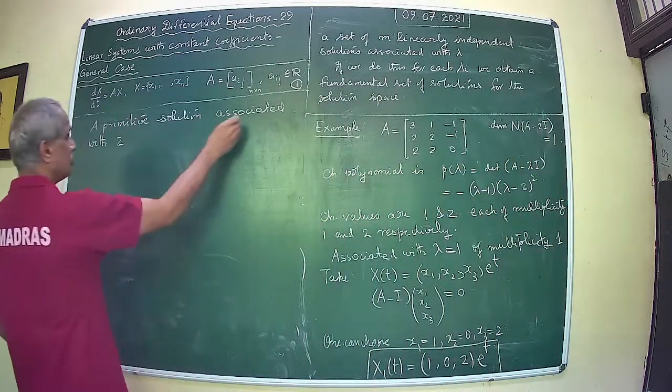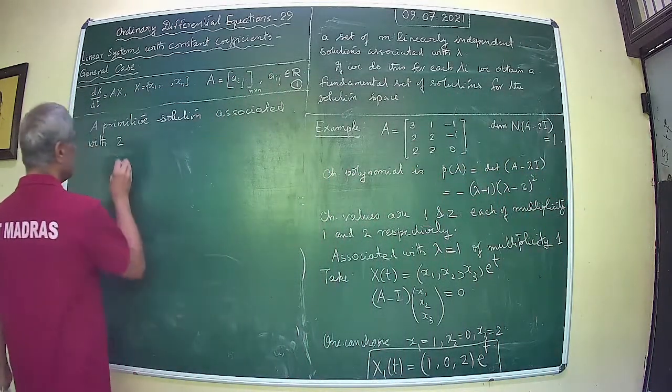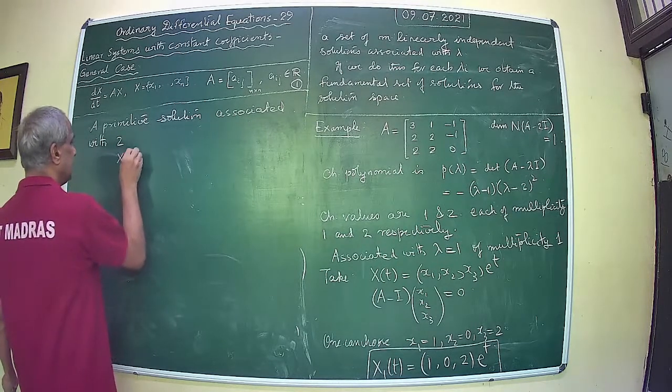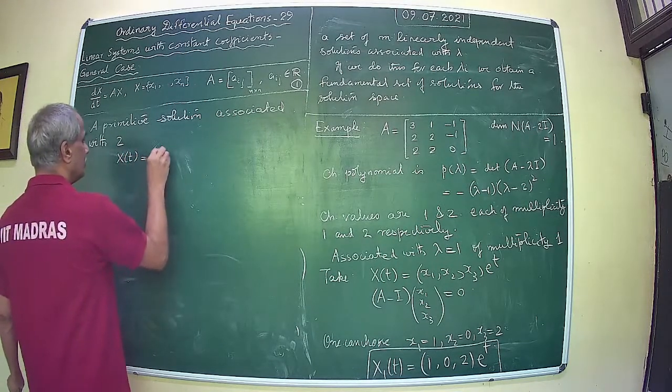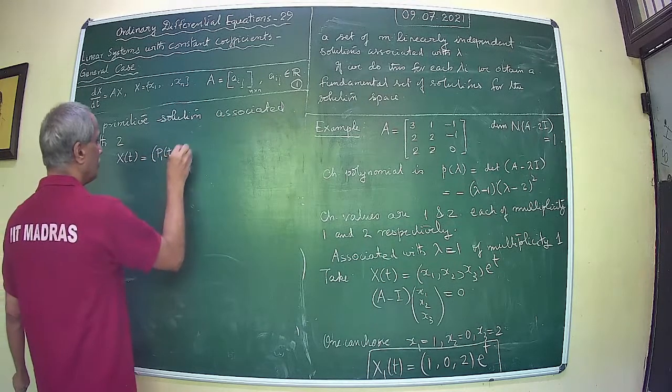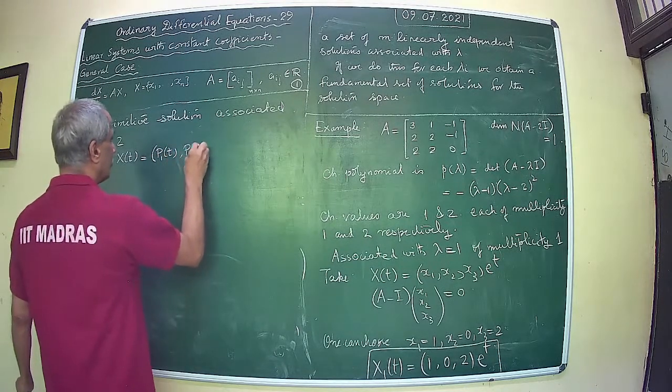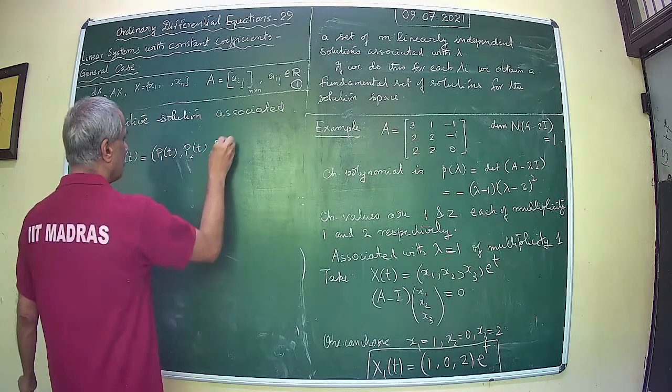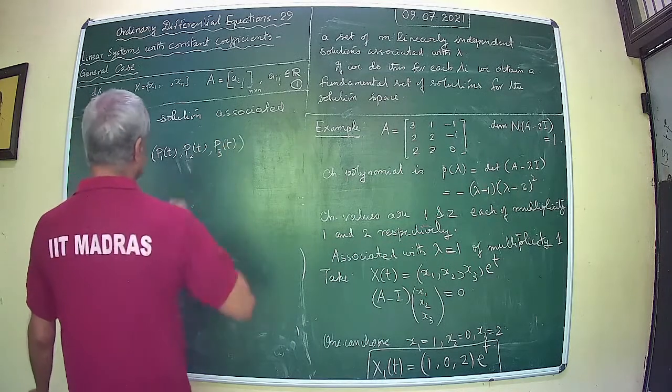So the primitive solution associated with 2 is of the form x(t) equal to, where these are polynomials of degree less than or equal to 1.